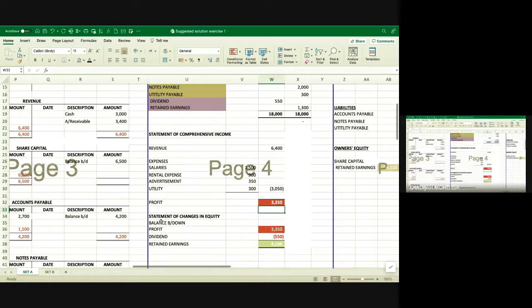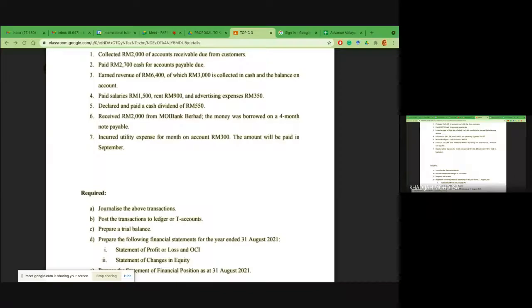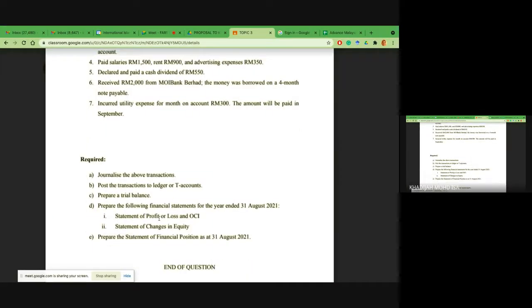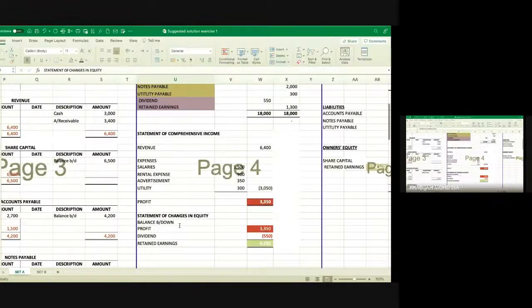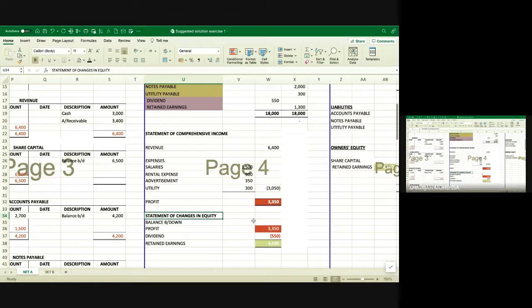Next, prepare the statement of changes in equity. If you look at the question, it also asks in that manner: statement of profit and loss, and from there, prepare your statement of changes in equity. Sometimes we call it the statement of retained earnings.